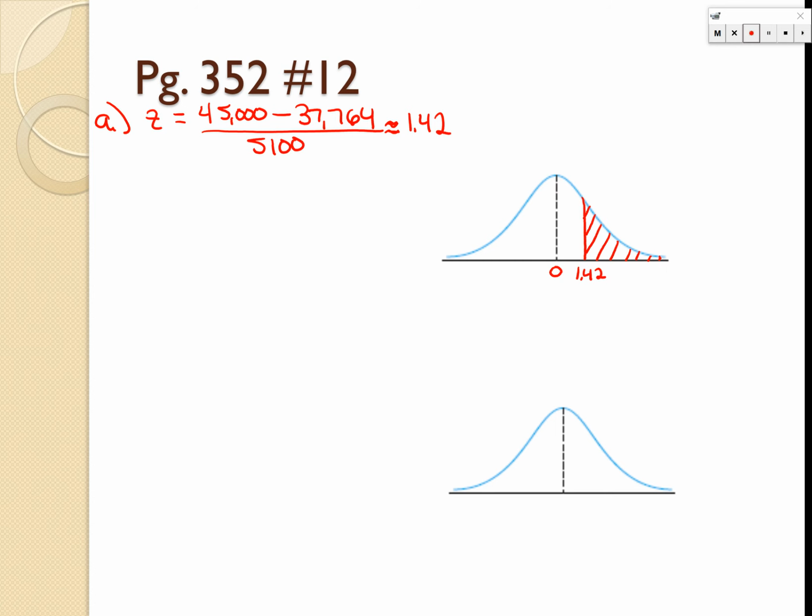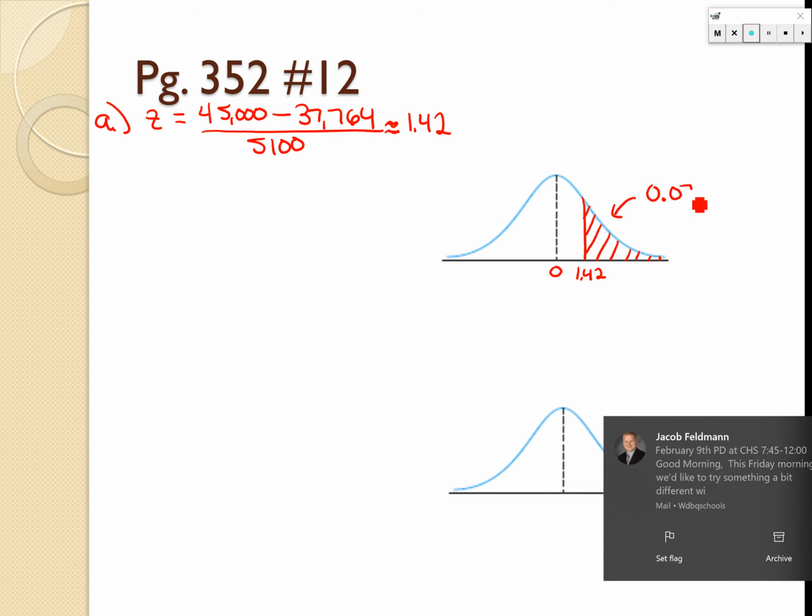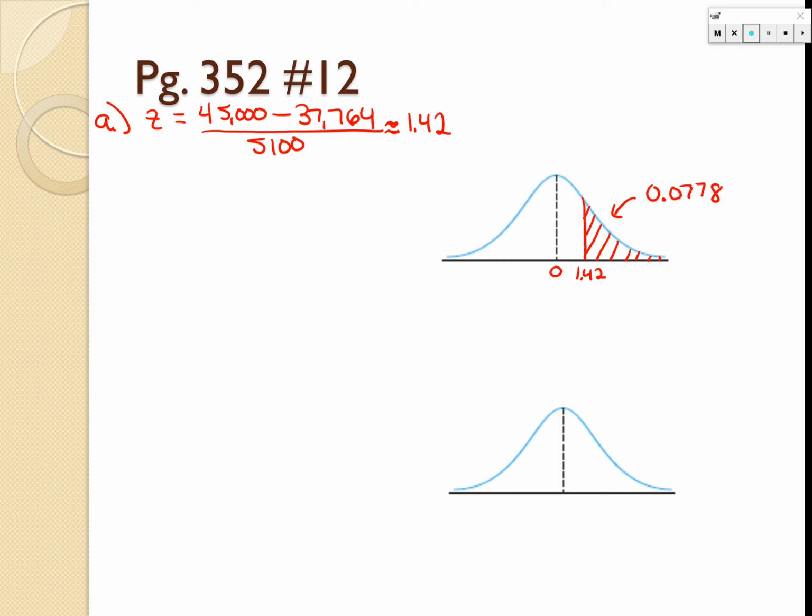So same as we've been doing, you can either look up z is 1.42 in table E, or you can use your calculator. It doesn't matter, however you want to find that area. That area should come out to be 0.0778.